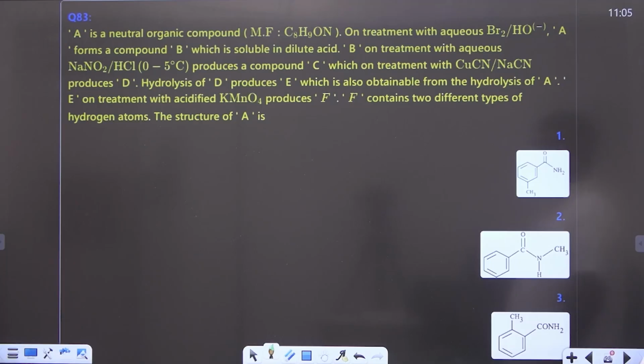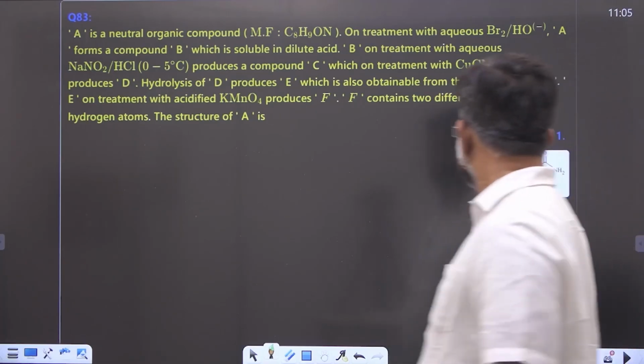B on treatment with aqueous NaNO2 HCl produces compound C. On treatment with CuCN NaCN, it produces D. Hydrolysis of D produces E, which is also obtainable from hydrolysis of A. E on treatment with acidified KMnO4 produces F. F contains two different types of hydrogen atoms. The structure of A is.